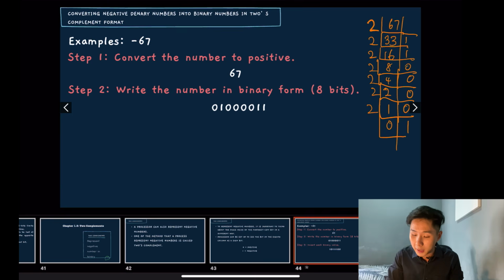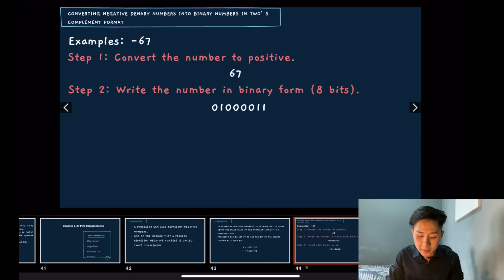So this is how we can do this. One catch here is that if your binary value is 7 digits, remember to add the leading 0. This is very important for us to find the 2's complement of this denary value. Remember to add the leading 0 if your result is less than 8 bits.